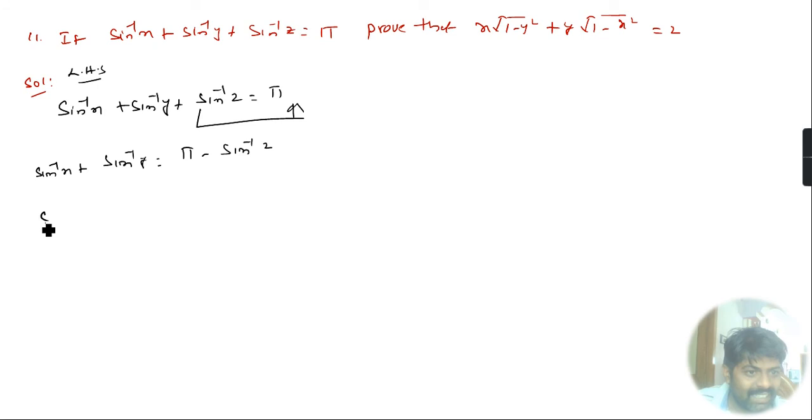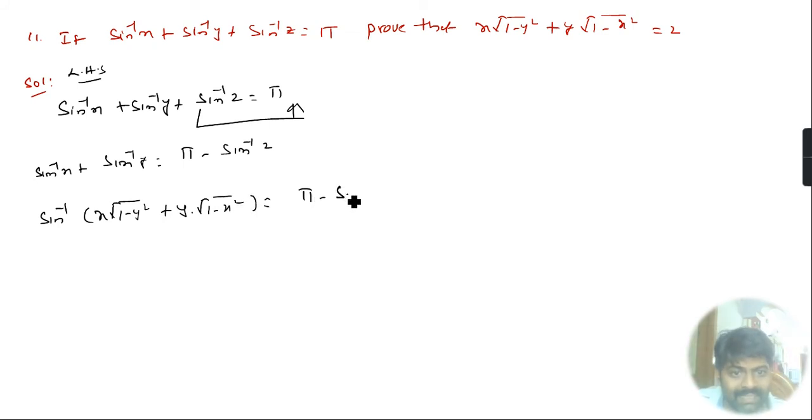So we get the formula: sin inverse x plus sin inverse y, that is sin inverse of x into root of 1 minus y square plus y into root of 1 minus x square is equal to pi minus sin inverse z, and this sin inverse will be converted into this side.